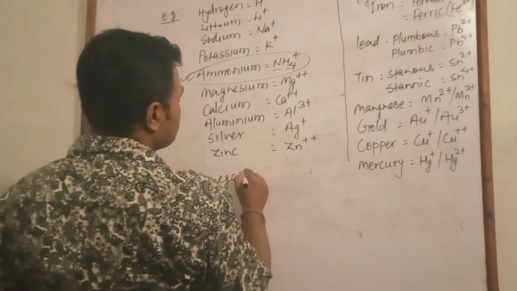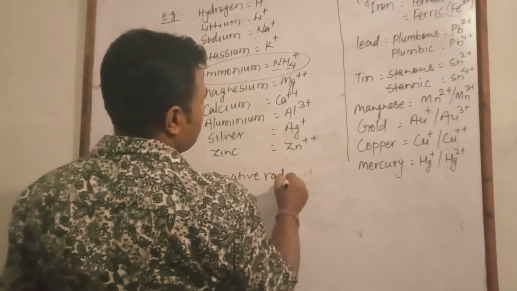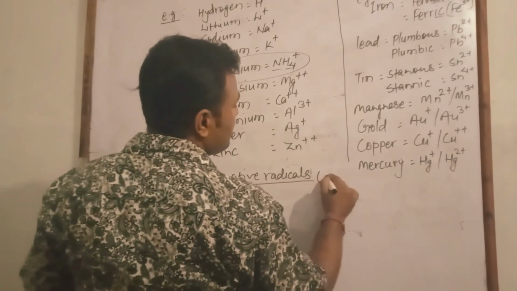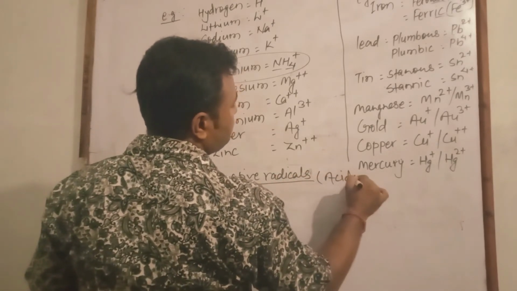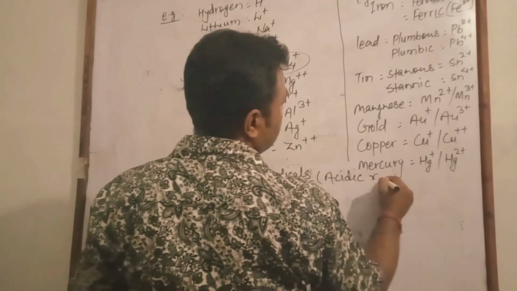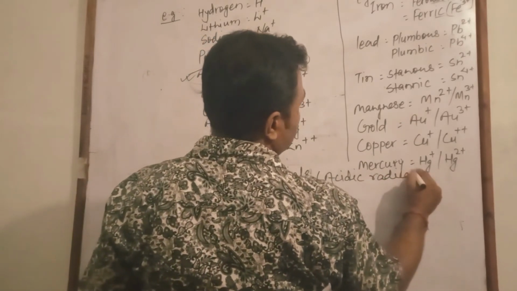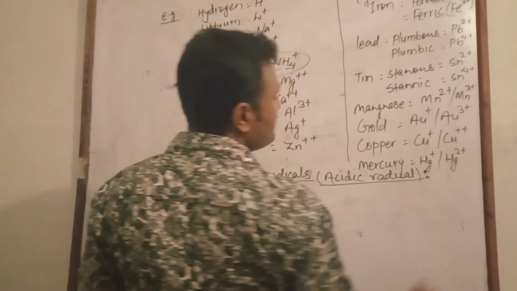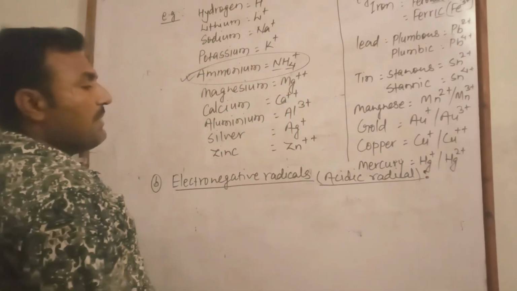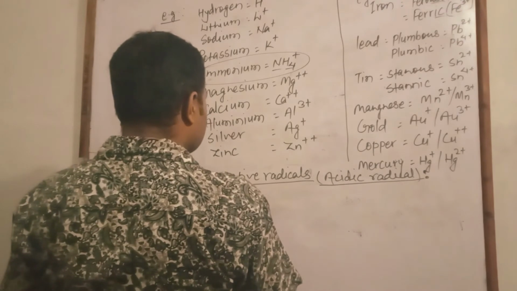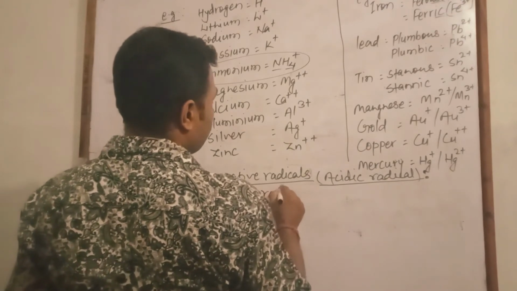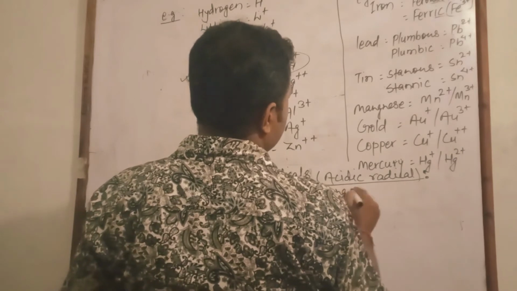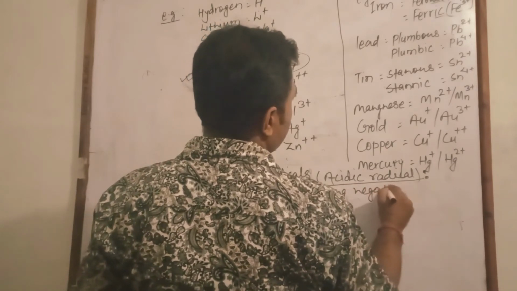The second type of radicals are electronegative radicals. Electronegative radicals are also known as acidic radicals. Why are these called acidic radicals? Because these are considered as part of an acid, and the radical has a negative charge on it.